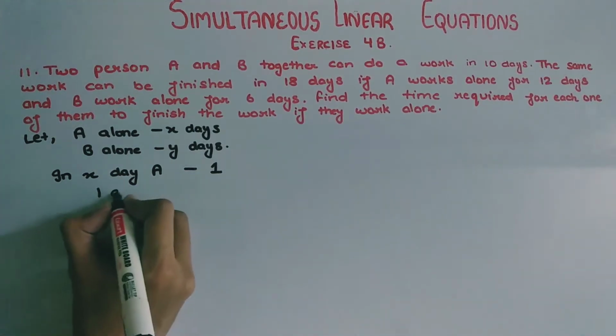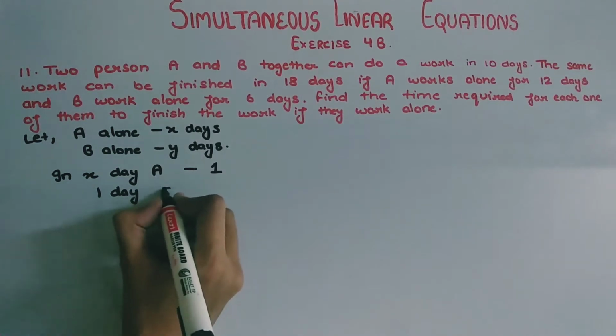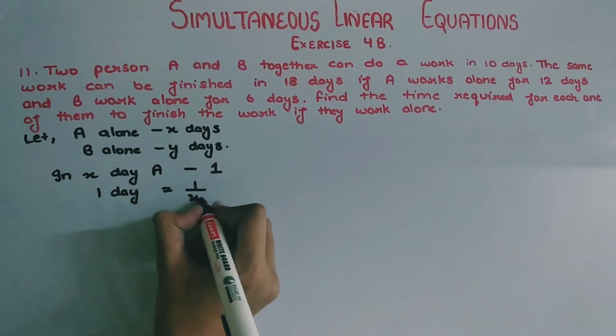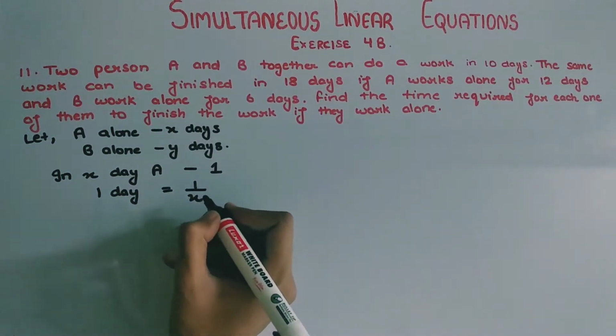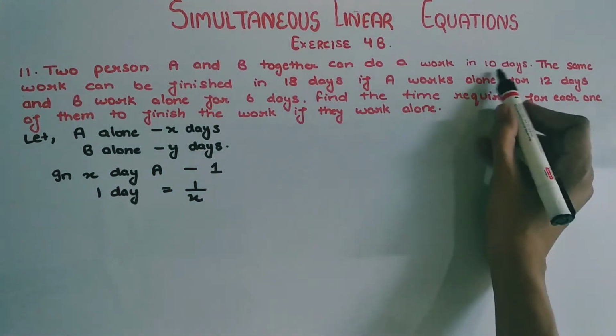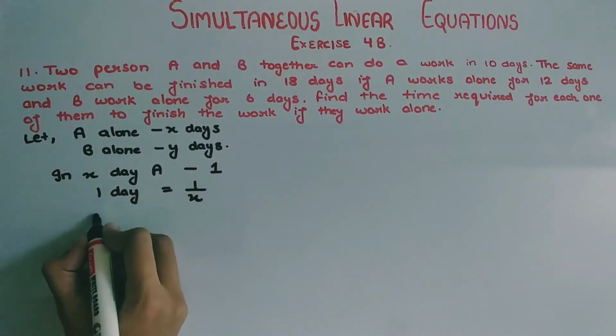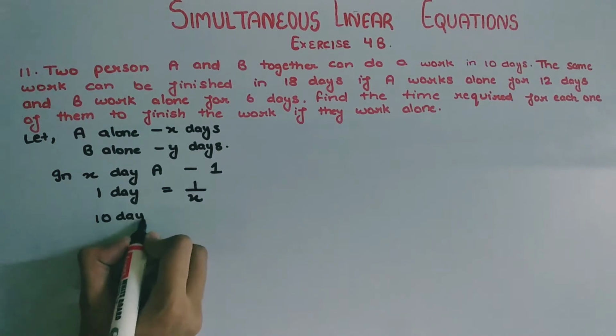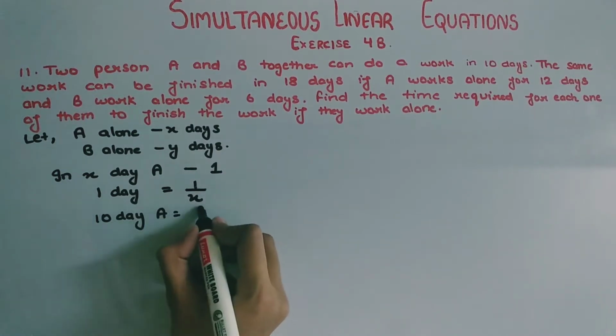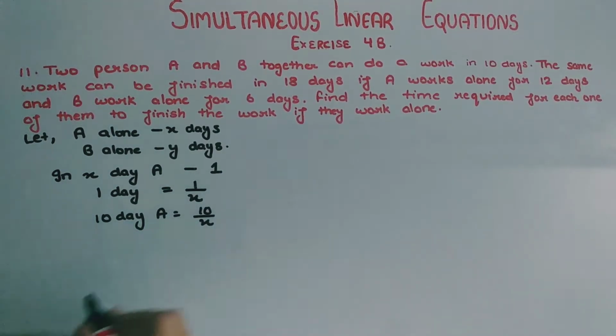Means in one day the amount of work that A will do is 1 divided by X. Similarly, in 10 days the work done by A will be 10 divided by X.